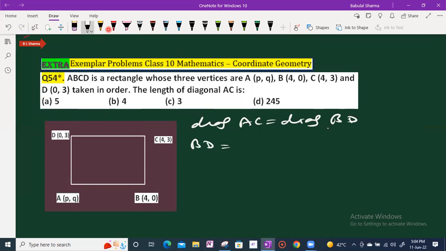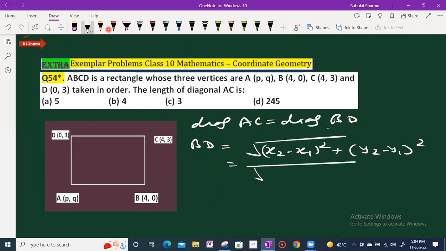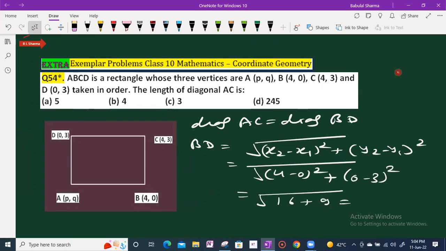So find out the diagonal BD using the distance formula: x2 minus x1 whole square plus y2 minus y1 whole square, that is 4 minus 0 whole square. ये देखिए BD ये ले, क्योंकि इसके कोऑर्डिनेट हमें दे रखे हैं, तो 4 minus 0 whole square plus 0 minus 3 whole square, 4 square is 16, minus 3 square is 9, square root of 25.